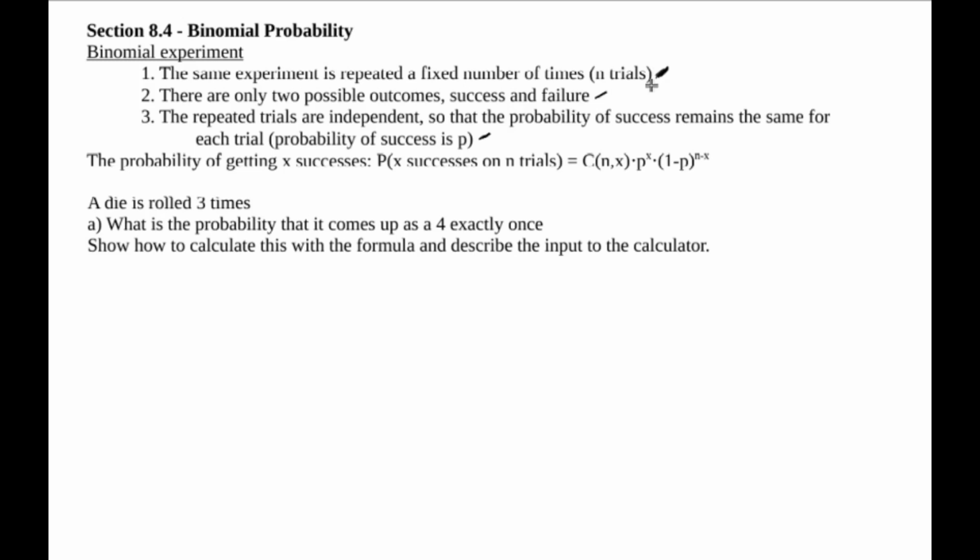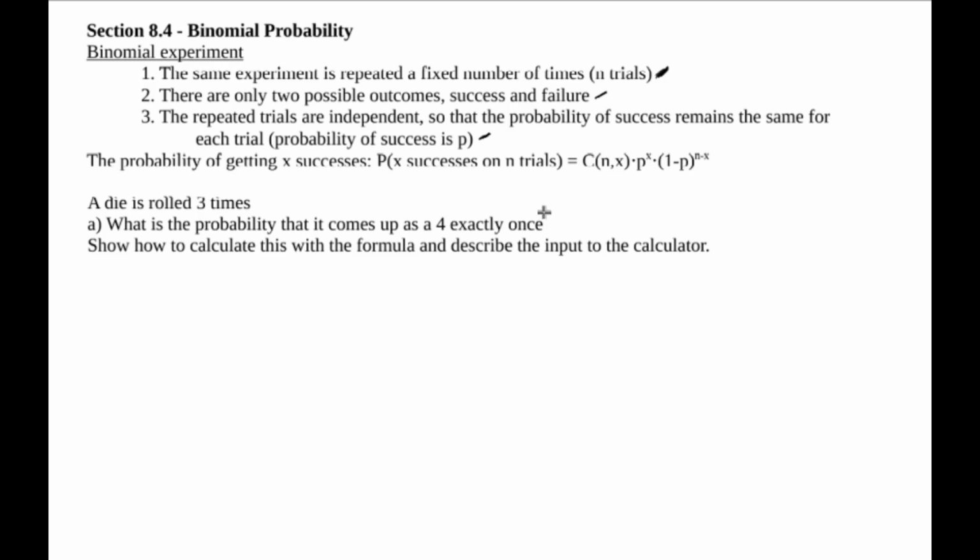So let's look at some examples here. You can see the first example, it's rolling a die 3 times. What is the probability that it comes up as a 4 exactly once? Whenever you're dealing with a binomial probability, the best place to start, well, first off, is to note that it's a binomial probability. We have the hallmarks here. We have repeated trials, so we're doing the exact same thing multiple times, and we're counting a number of successes.